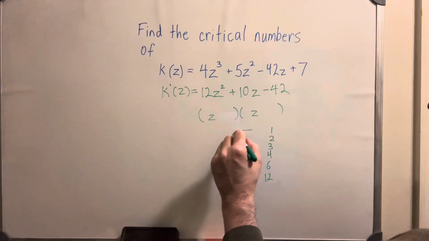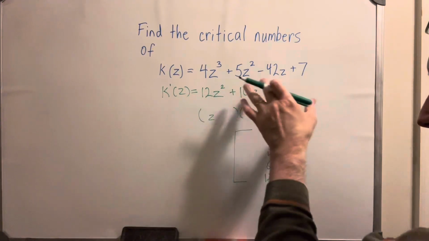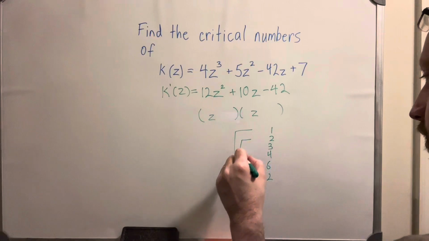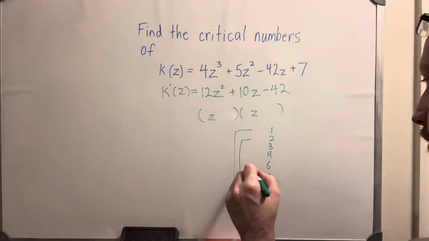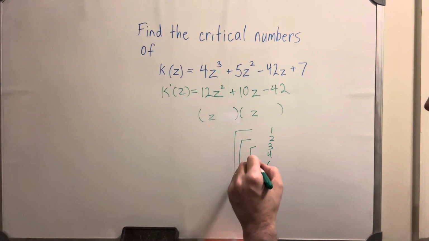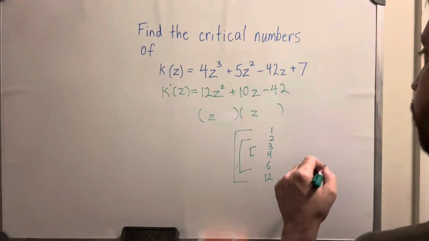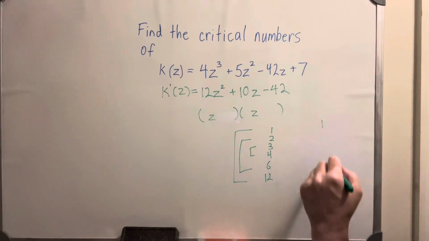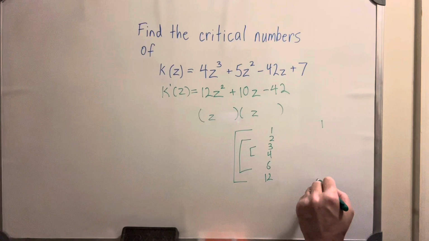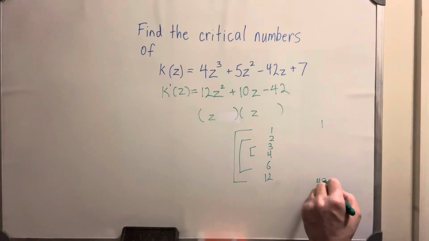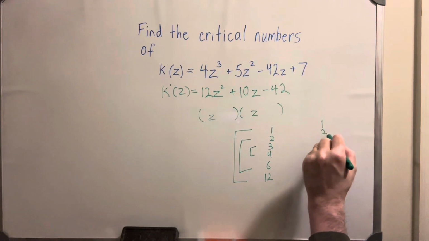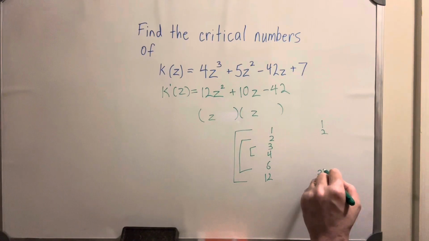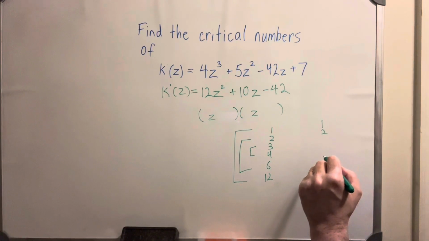This is the way I sometimes do it in case I can't immediately see. I know that these two have to go together, 2 and 6, 3 and 4. Now 42, let's see, we've got 1 and 42, 2 and 21. Let's see, what are the other ones? 6 and 7. Any others?